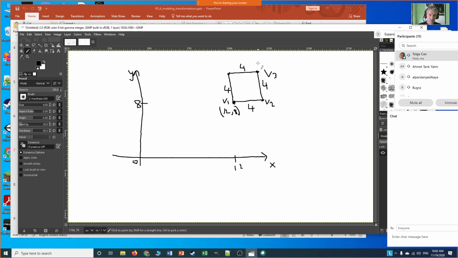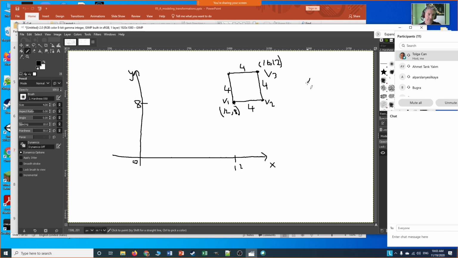Let V3 be 16, 12, right? So you add 4 to both of the coordinates. So 16, 12 is where this corner sits, V3, and 12, 8 is where V1 is. Now I want to halve the size. I want to just change its size so that each side is length 2.